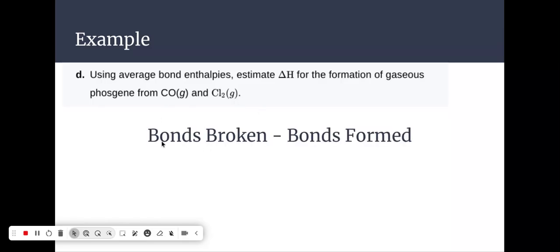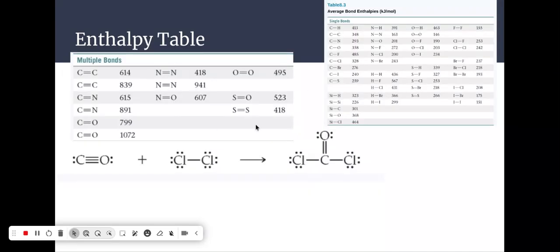For this, you want to remember to do the bonds broken minus the bonds formed. So you're going to take the bonds in the first half of the equation, the reactants, add the enthalpies together, and then subtract the sum of the products. And here I gave you the equation.